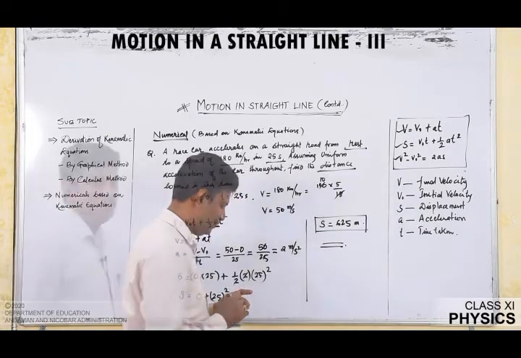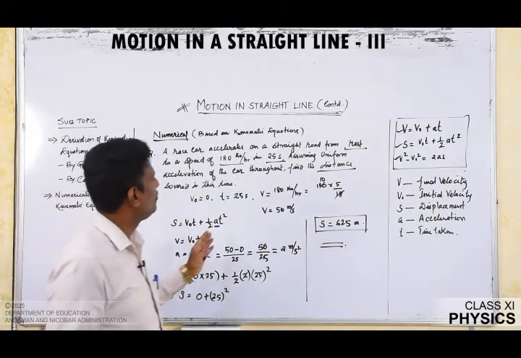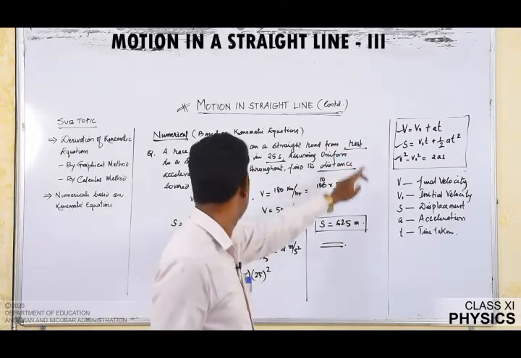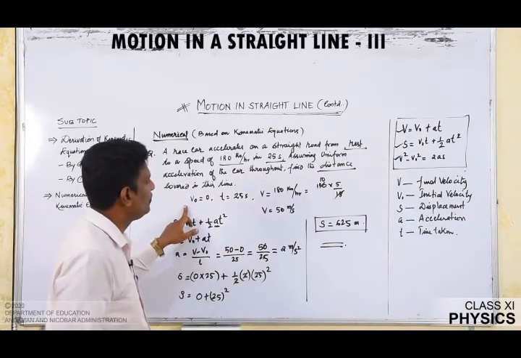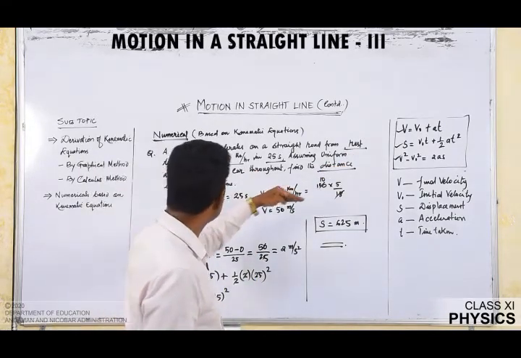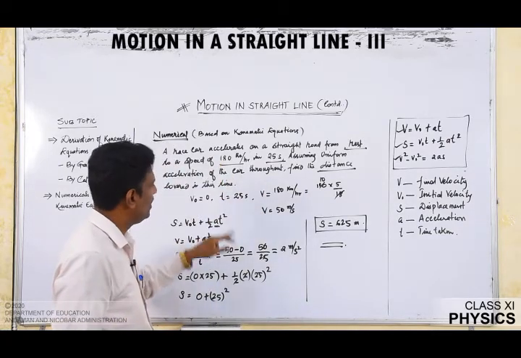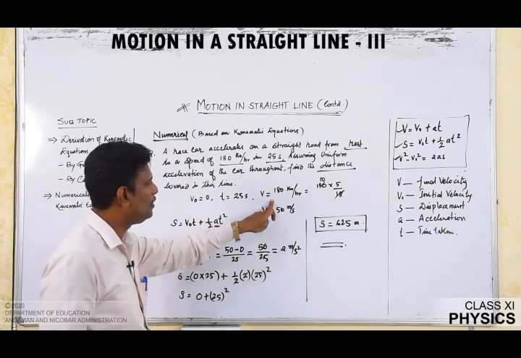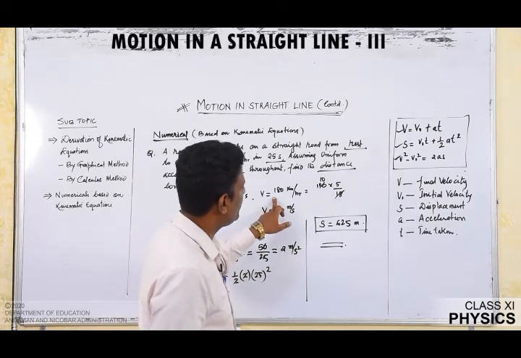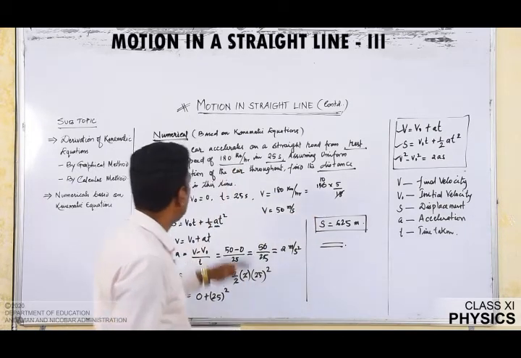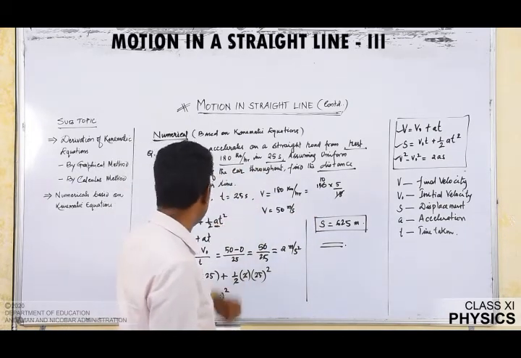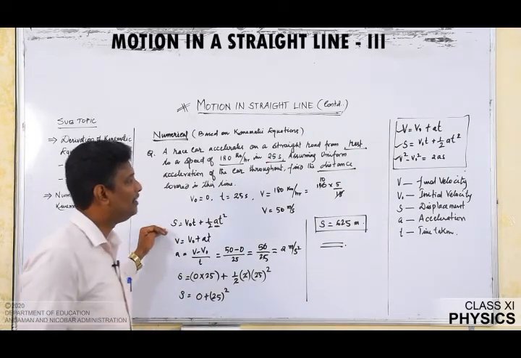So, in this question what was given? Rest denotes the initial velocity, and attaining a speed of 180 km per hour means the final velocity is 180 km per hour, and that can be converted into meter per second. Time is again given, 25 seconds. First we tried to put in the second equation.